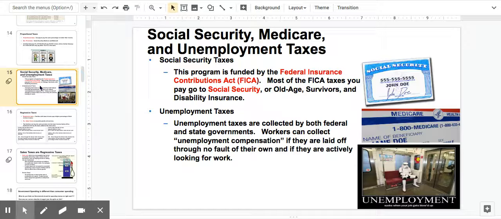Another part of our FICA taxes are unemployment taxes, and this is unemployment compensation for people who are laid off. Now, remember, we talked about this a little bit before. If someone quits or someone is fired, they don't get unemployment. So it's only the people who are laid off for no fault of their own.